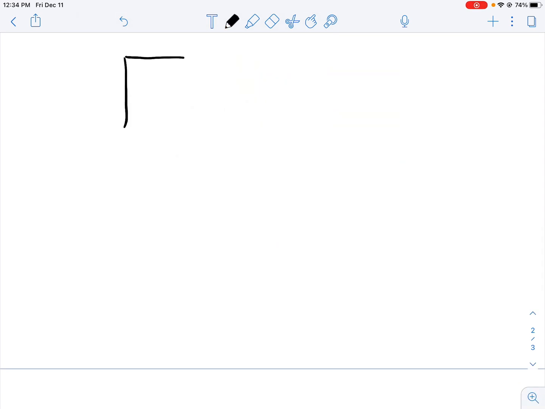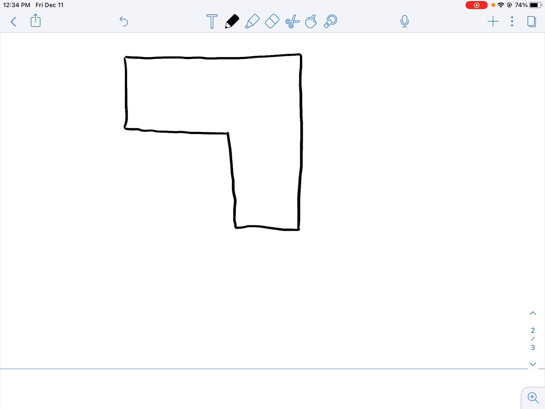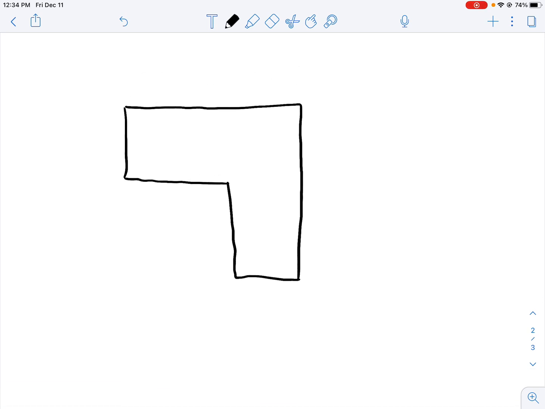If you had this shape right here, here is your shape. Okay, that's really roughly drawn, but anyways, pretend they're like nice straight lines. Let's say the length of this side is, write this down, 30 centimeters. This is not drawn to scale. And let's say the length of this side is 10 centimeters.